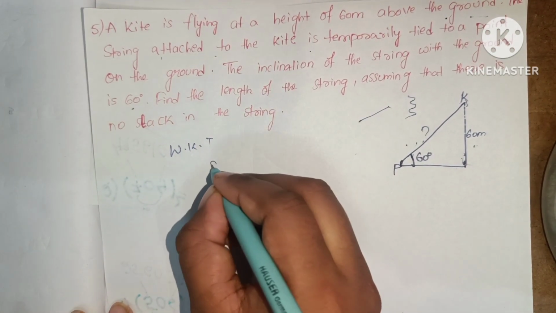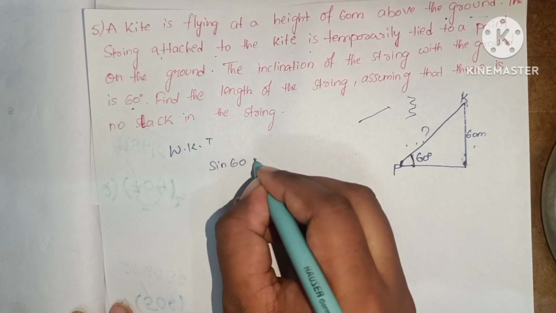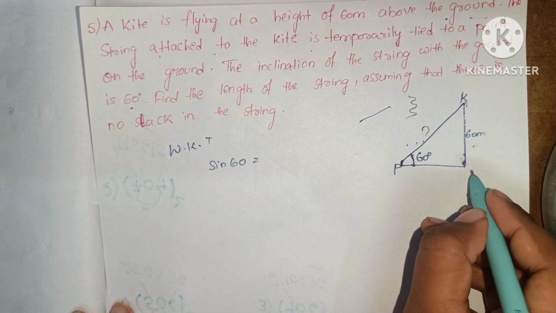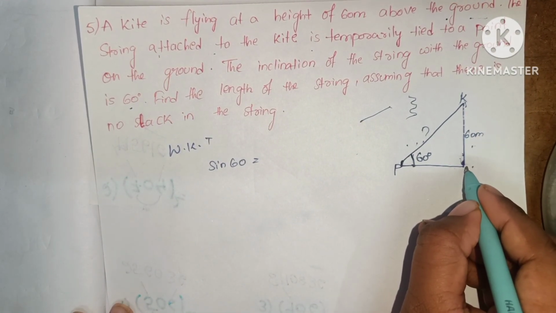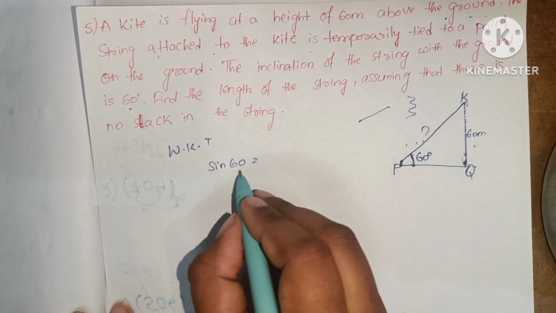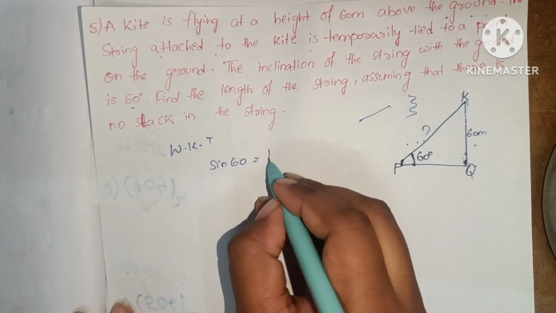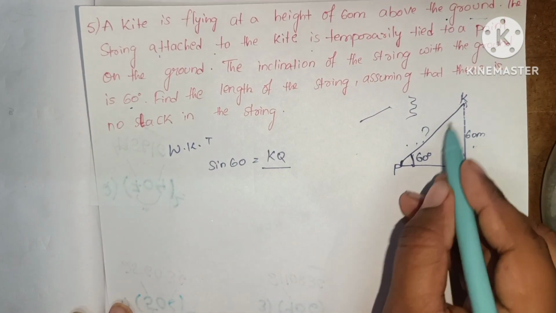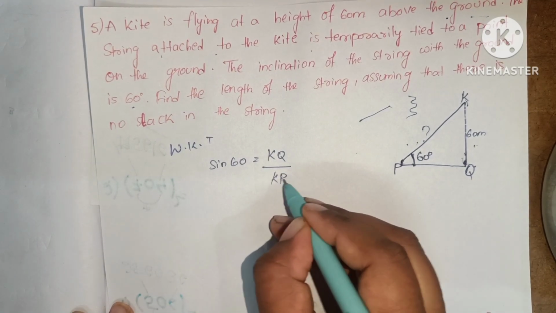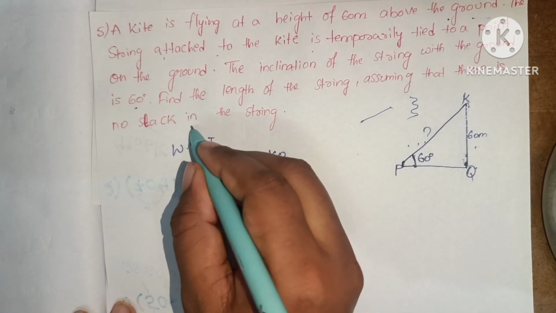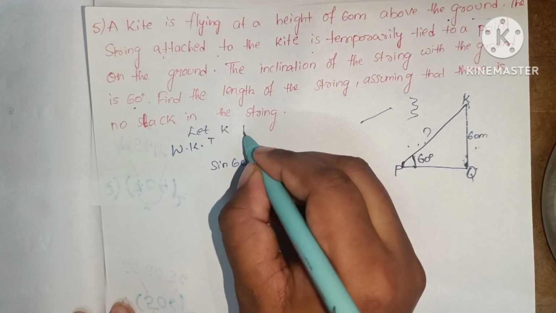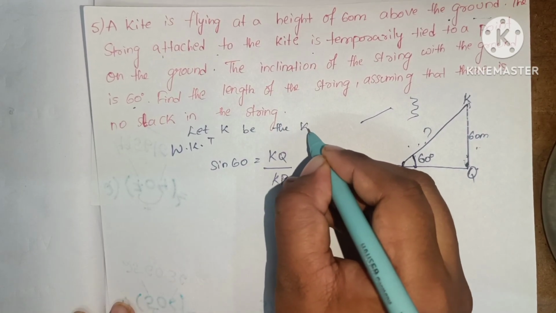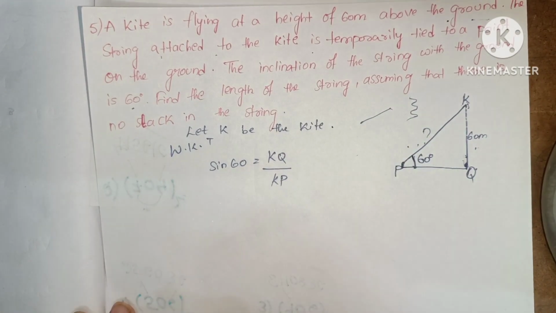We know that sin 60 equals, for example, I kept here, sin 60 equals KQ by KP. So write down, let K be the kite. K means here kite.